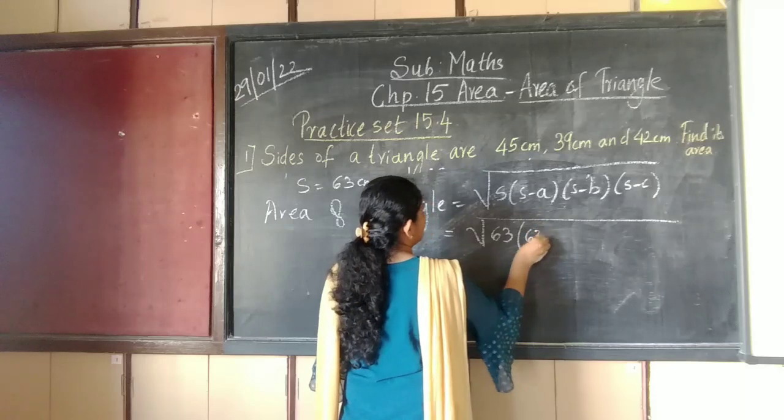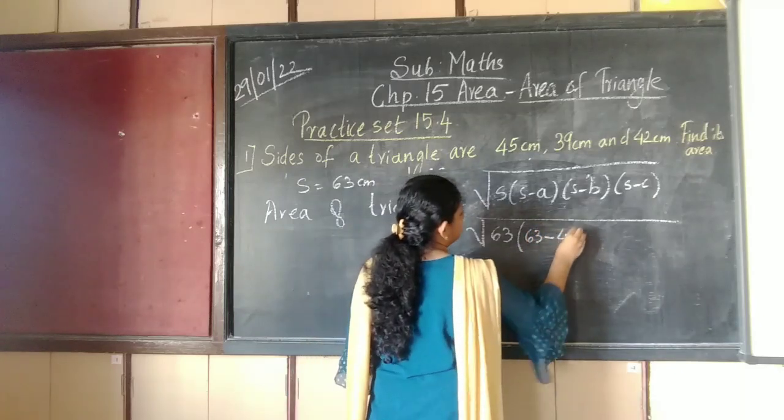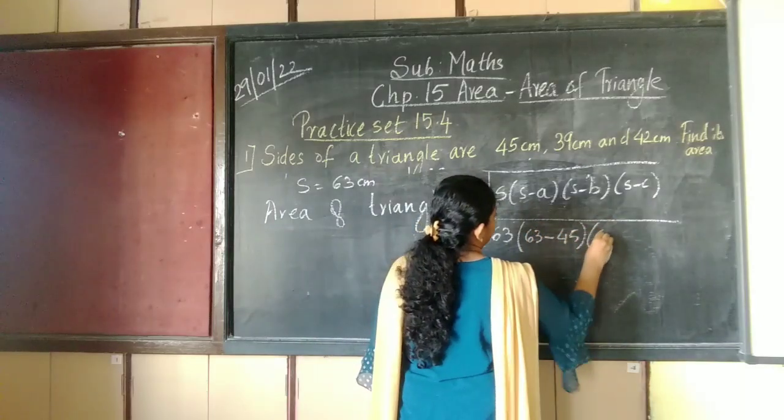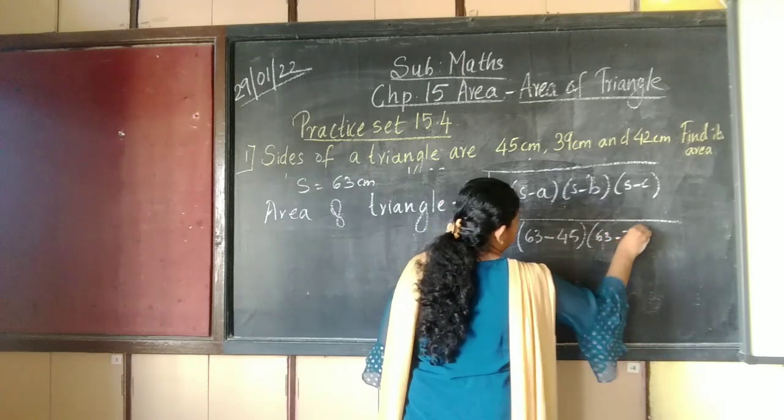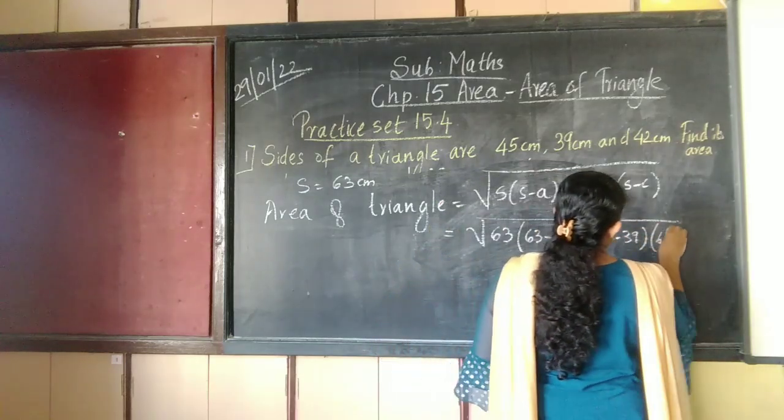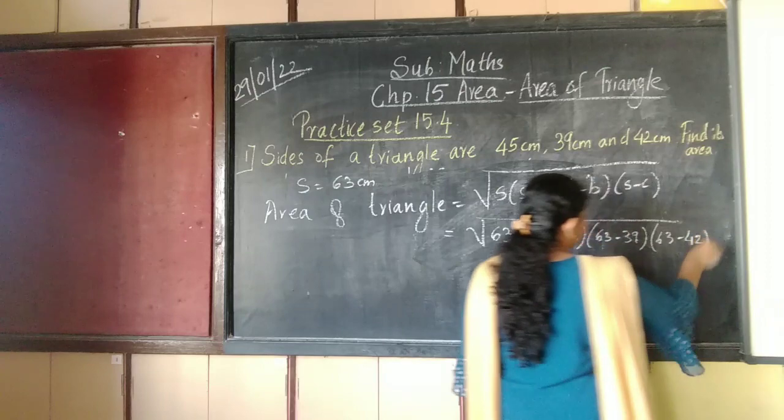Then 63 minus 45, 63 minus 39 and 63 minus 42.